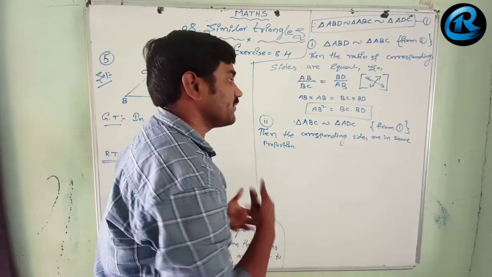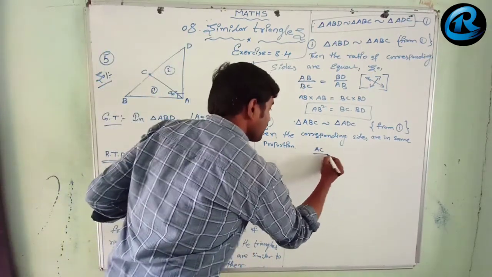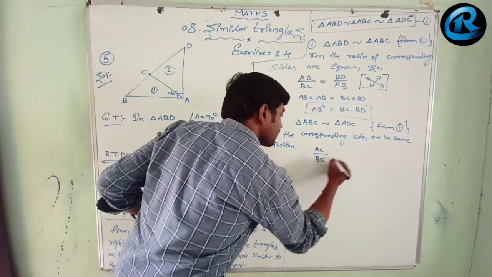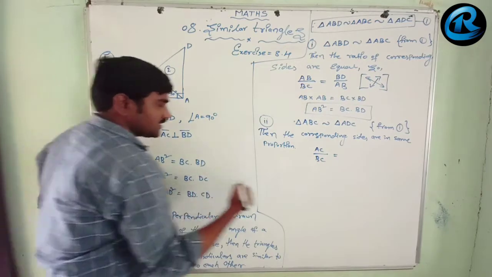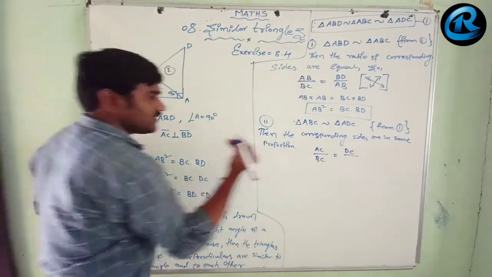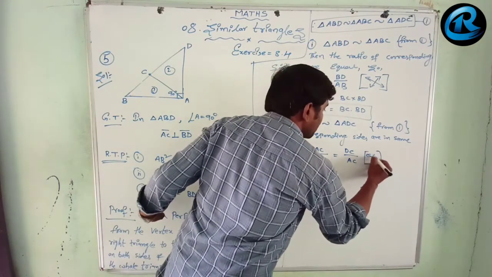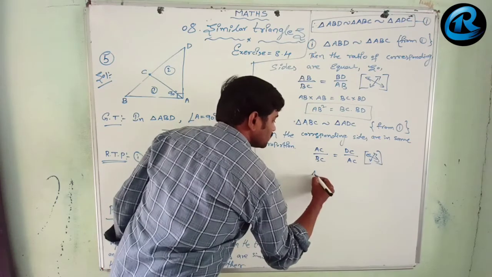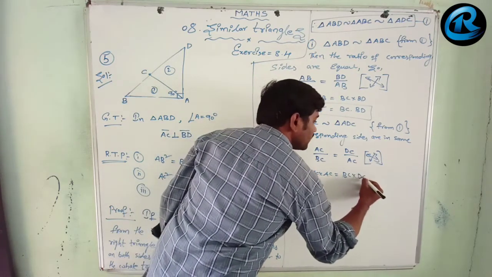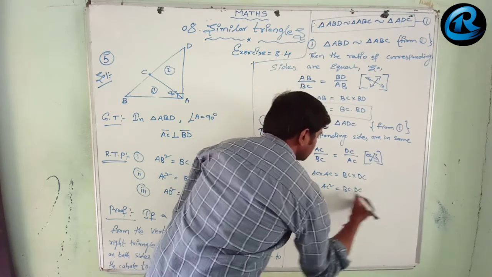Either way, the meaning is the same. Now AC by the first one BC equals DC by AC. Cross multiplying, AC into AC equals BC into DC. AC square equals BC into DC.